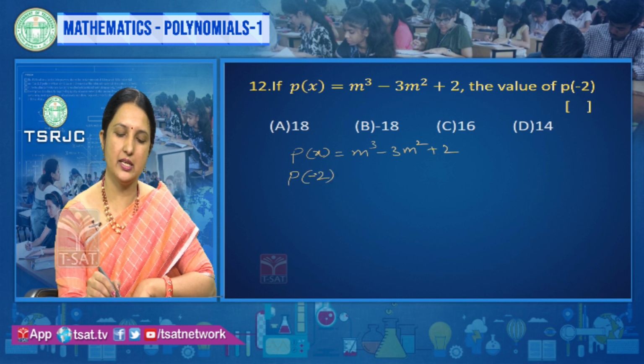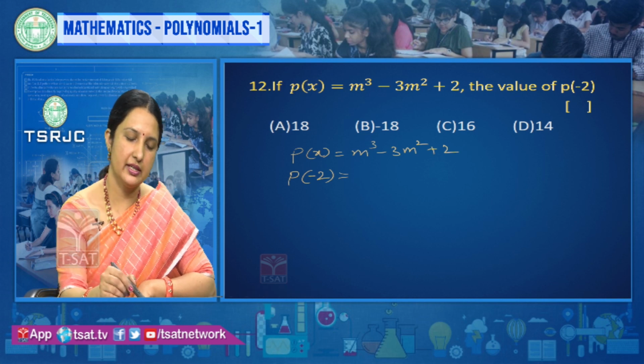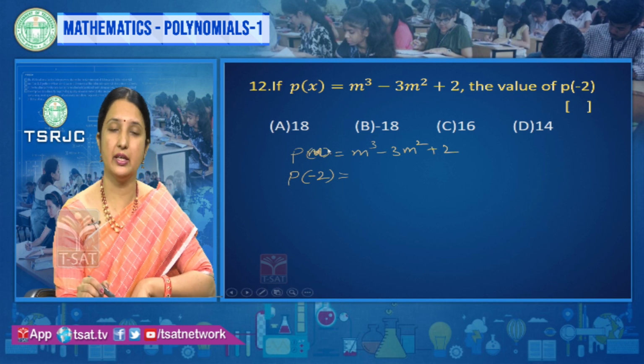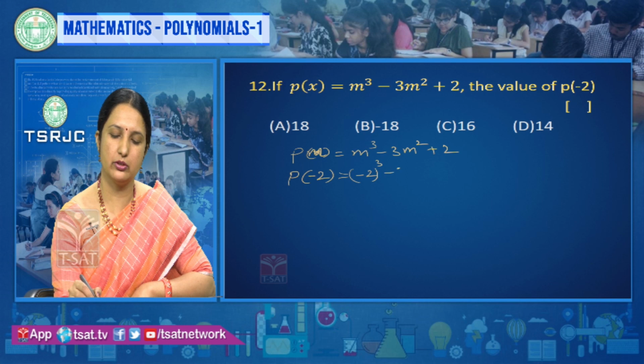That means in the question it should be mentioned m in the place of x. Okay, a mistake came. In the place of m, we have to write minus 2. So substitute here minus 2 whole cube minus 3 into minus 2 whole square plus 2.